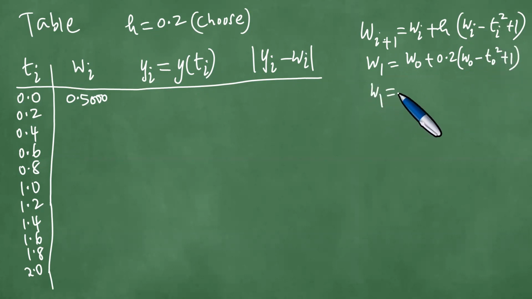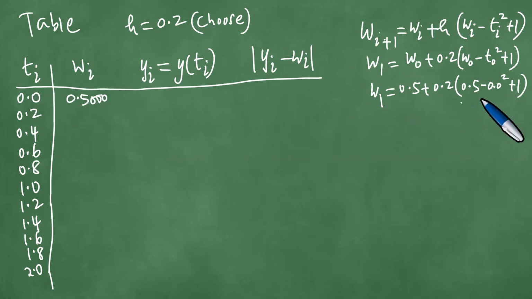W0 we saw is 0.5, and T0 is the beginning one, which is 0, so 0 squared plus 1.